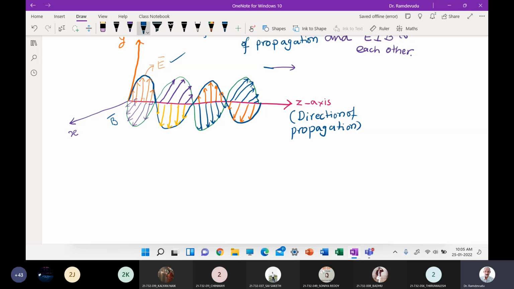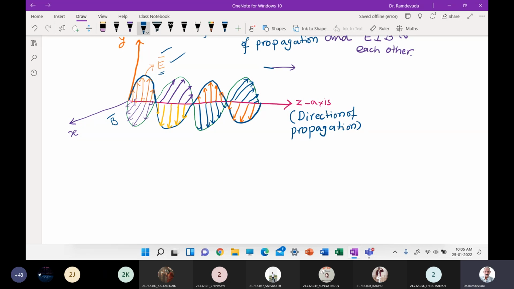And moreover, for the human eye to recognize the colors or whatever the light that is coming, the E vector is more important because the eye is more sensitive to E vectors. Therefore, in a light, how the E vector is behaving is important.